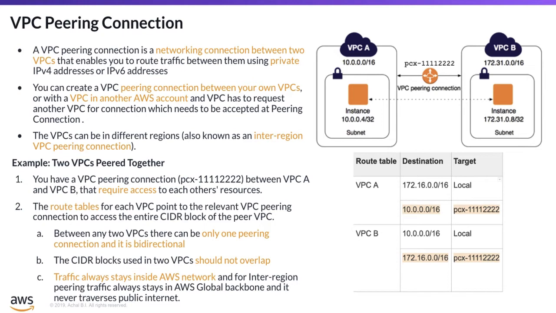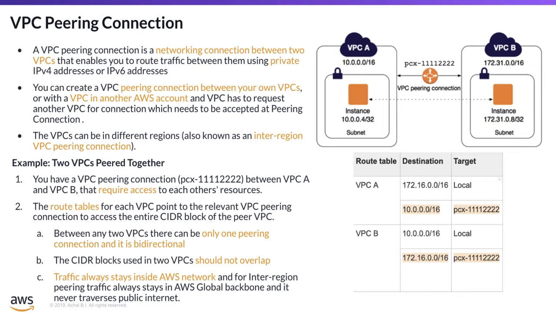And whenever we establish this peering connection, the traffic always stays inside the AWS network, and if you are connecting inter-region, it will be backed by the AWS global backbone.